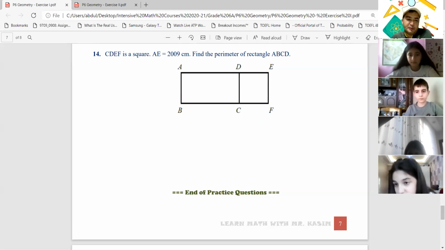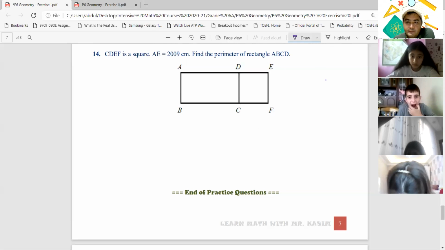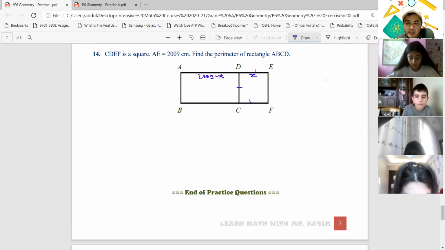I think now it should be a piece of cake for you. CDEF is a square, AE is equal to 2019. If DE is, for example, let's say X, right? And this AD should be 2009 minus X. And since CDEF is a square, that means all the sides are equal.